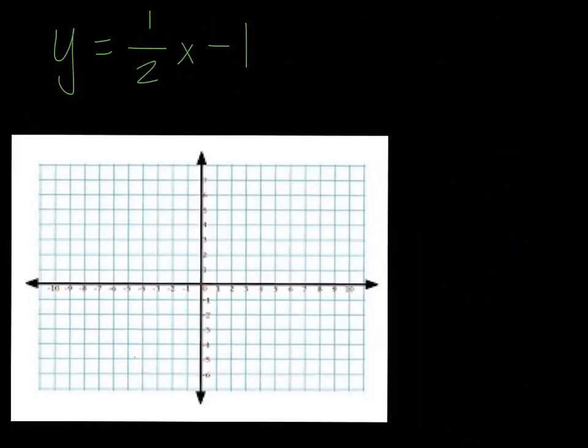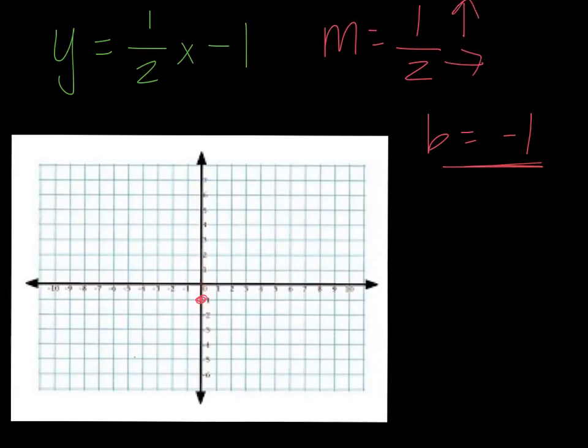Now let's look at equations where we have a fraction for a slope. So this time our m is going to be 1/2, and our b is negative 1. If it says minus 1, our b is negative. So we're going to start at negative 1 and put a dot at negative 1 on the y-axis. This time we're going to go up 1 and over 2.